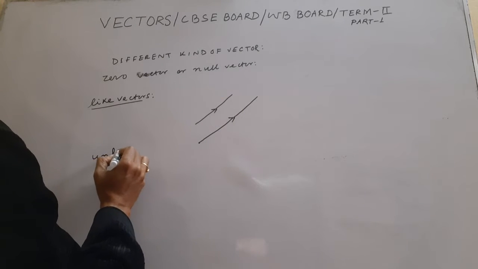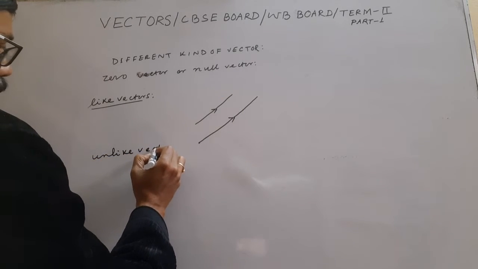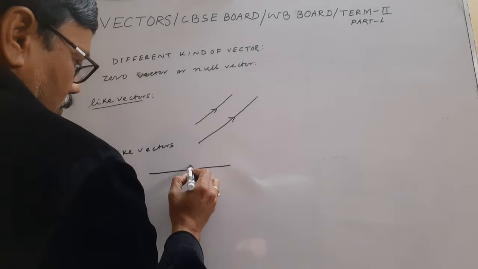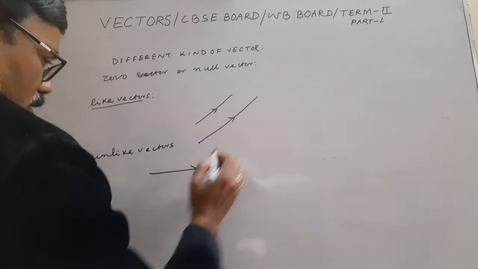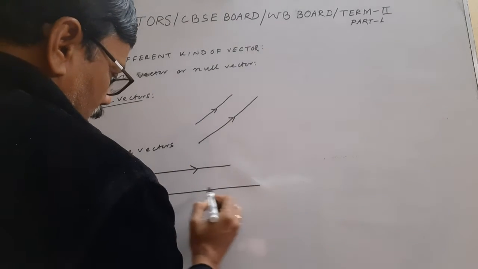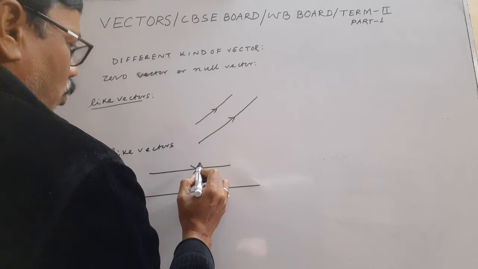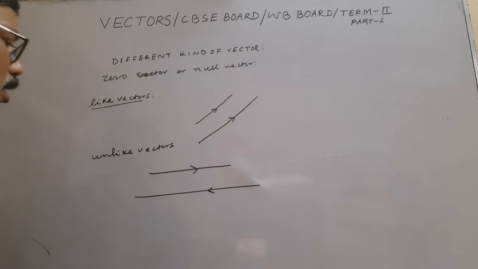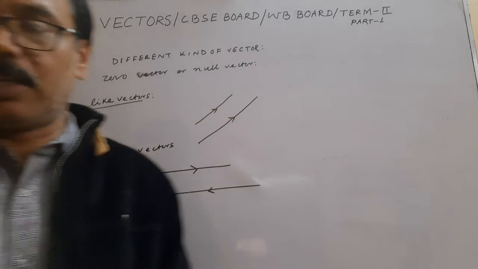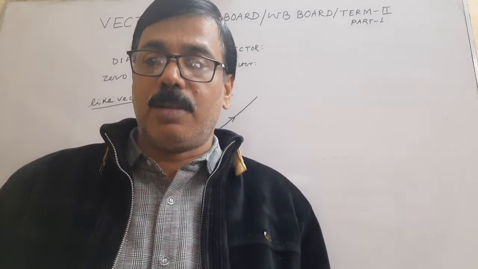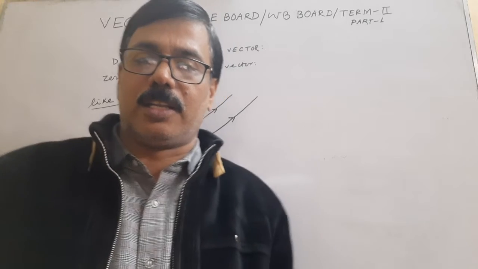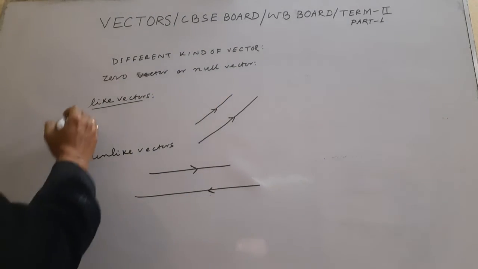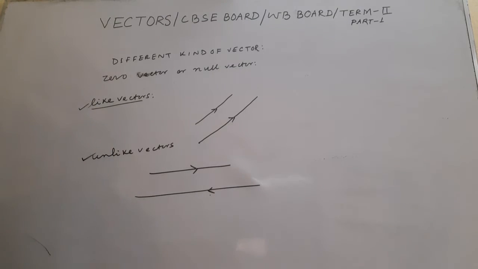Then unlike vectors: vectors having opposite direction, not considering the magnitude, are unlike. So you should not think that vectors having different direction are unlike. Unlike means opposite direction. So, like and unlike.